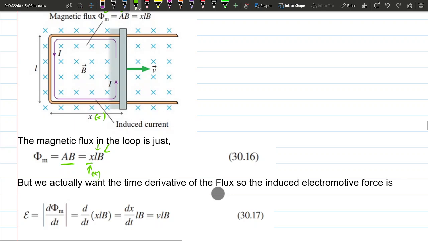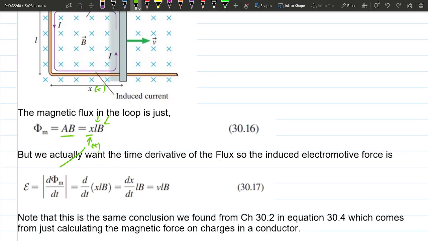Since we have that equation, we can plug it into Faraday's law, where this is the magnetic flux. So we're just taking a time derivative of it. The time derivative of X times L times B, since L is a constant and B is a constant, they just pull out in front of the derivative.